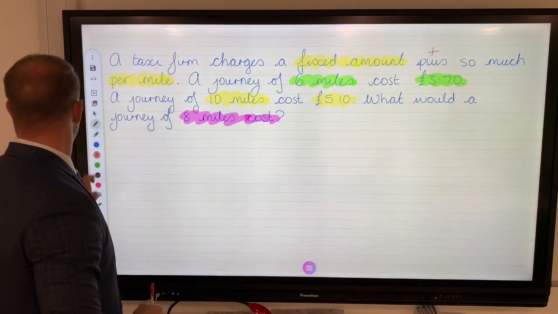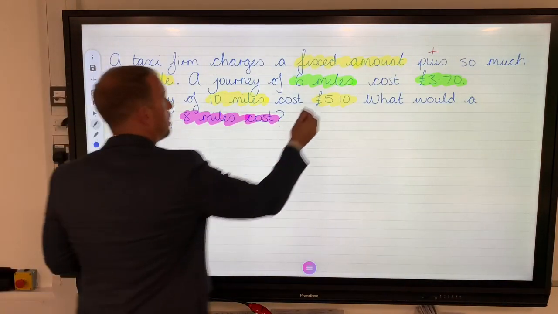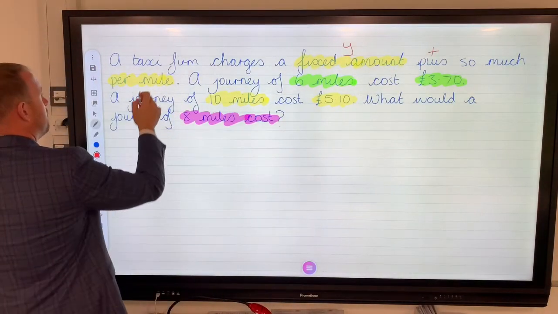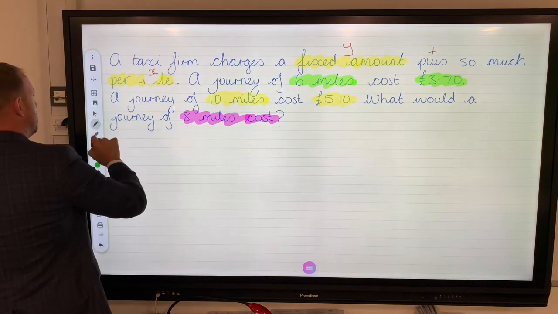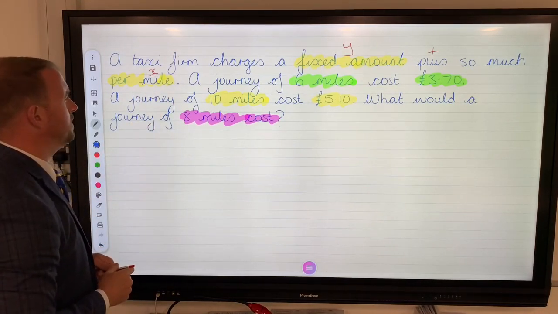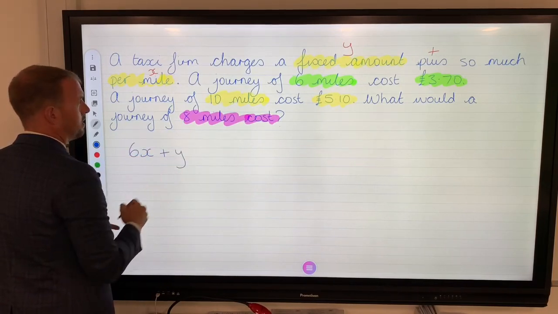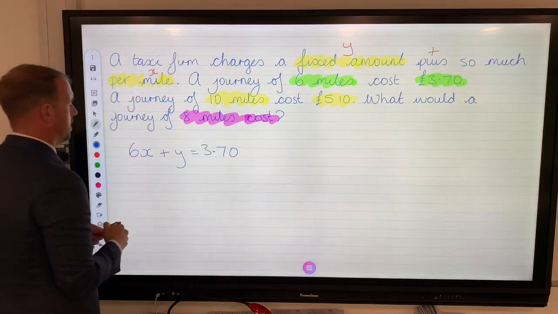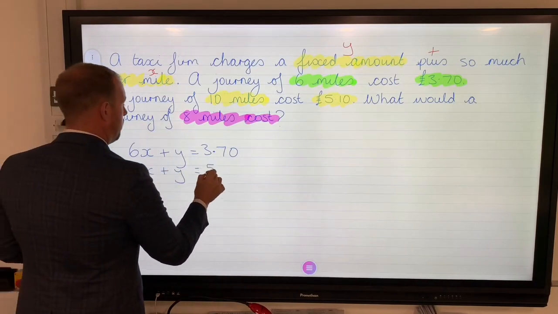Okay, so what I'm seeing here, a fixed amount could be y's, and per mile, miles could be x's. So let's make some equations. So I've got a journey of 6 miles, so I've got 6x plus the fixed rate equals £3.70, and I've got 10 miles plus my fixed rate, £5.10.